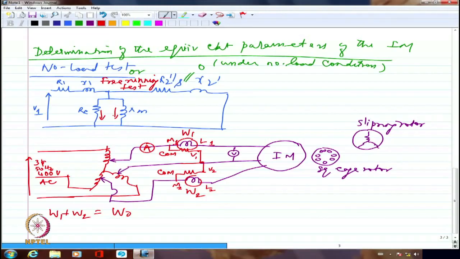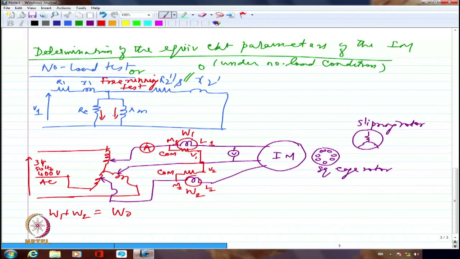But whatever you get after reversing will be a positive reading, but note it down as minus so and so watts. So let us say W1 was 100 watts, W2 was minus 50 watts originally. It was actually showing kicking back, but after reversing, it has shown 50 watts.